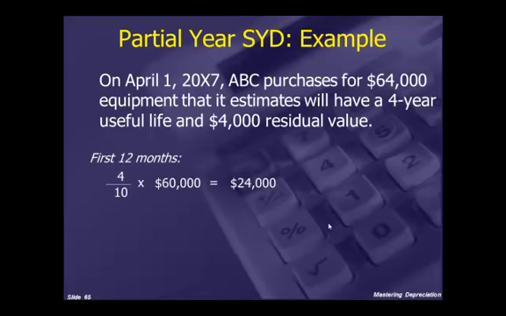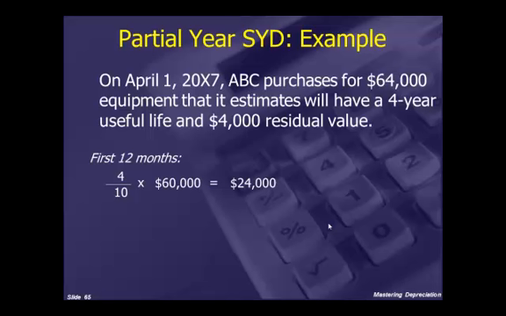All right, since it's a 4-year useful life, we've got the first 12 months. We're talking about taking the rate here. A 4-year useful life would be 4 times 4 plus 1, which is 5.